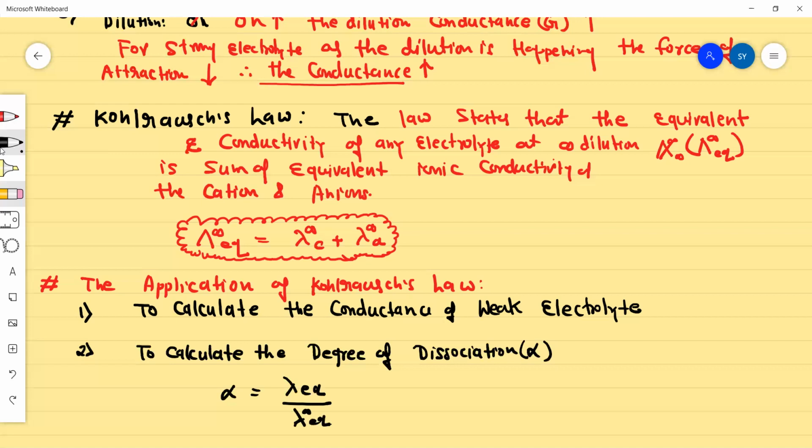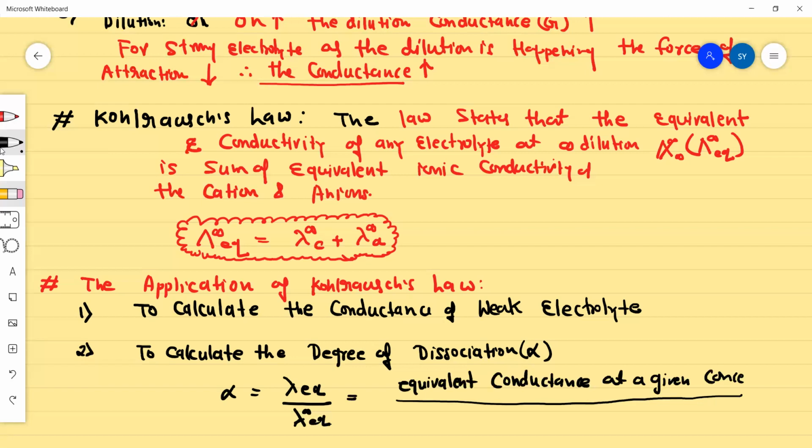I can write it in the form of a statement: equivalent conductance at a given concentration upon equivalent conductance at infinite dilution. Okay, so this is the second application.